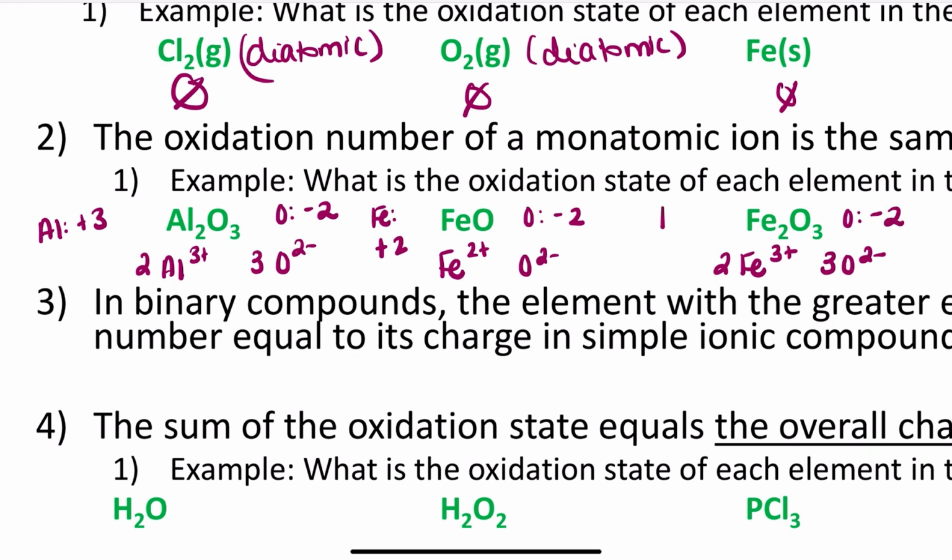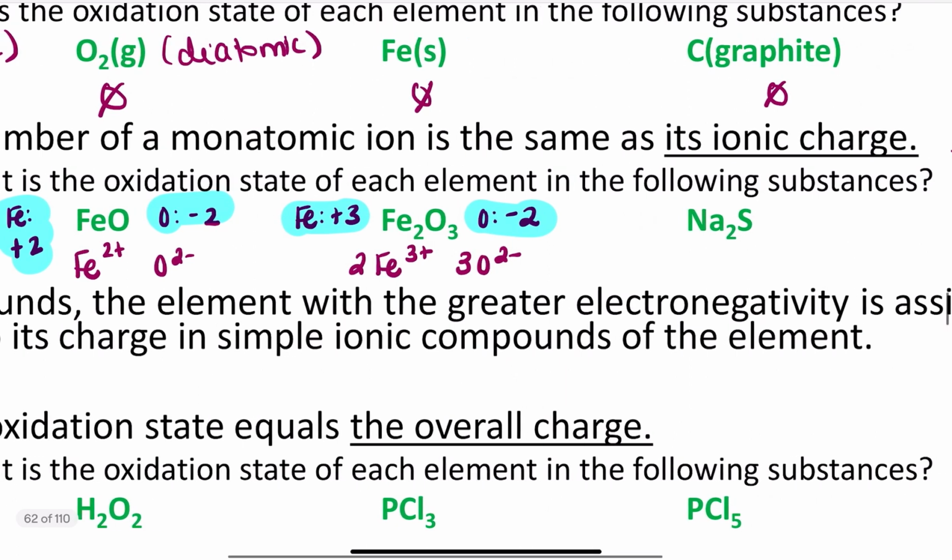Oxygen, -2, the iron here, +3. So aluminum, oxygen, iron, oxygen, iron, oxygen. Notice oxygen's getting its way. It almost always does. A few exceptions, and I'll show you those. But iron, again, is going to be +2 or +3, depending on its oxidation state.